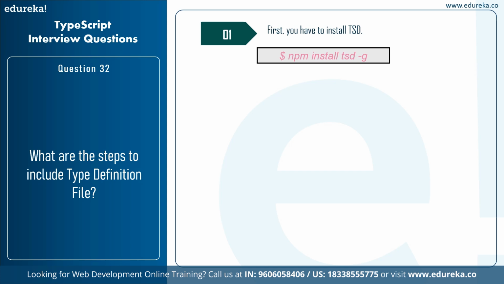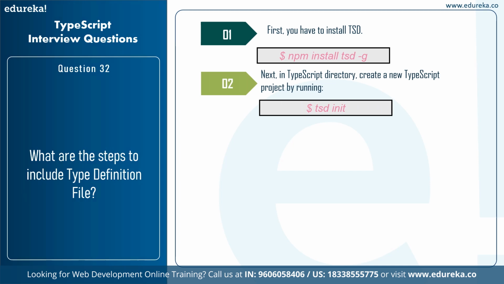Here npm is our Node.js package manager. So using that, we are installing tsd globally. Now once you are done installing this, the next step is in the TypeScript directory, you have to create a new TypeScript project. So for that, you just have to run the code as $tsd init. So this will create a new TypeScript project.